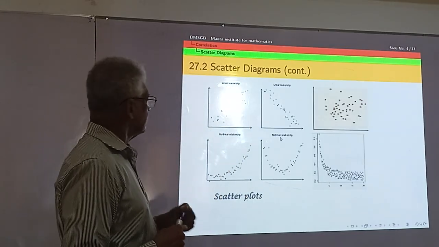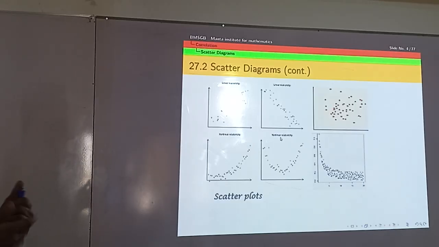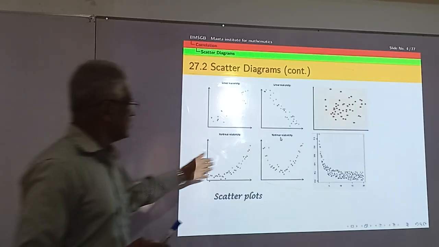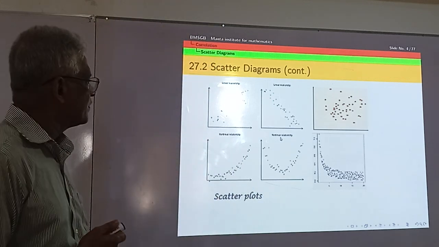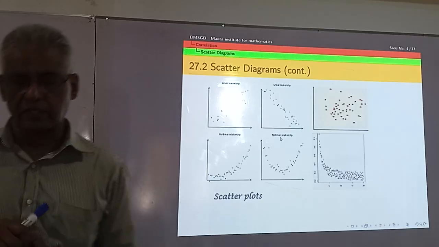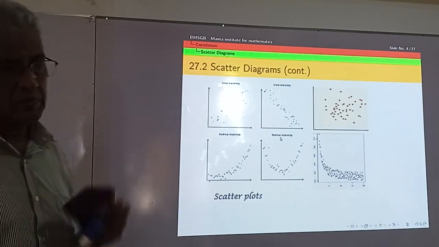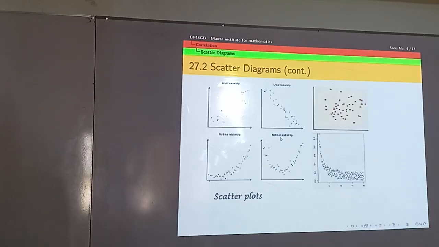By looking at these, if you want to talk about the relationship, for these you will have to use some other method, not Pearson's correlation coefficient. But for these, you can measure the strength of the linear relationship if you calculate the Pearson's correlation coefficient. So exploring the graph is very important.